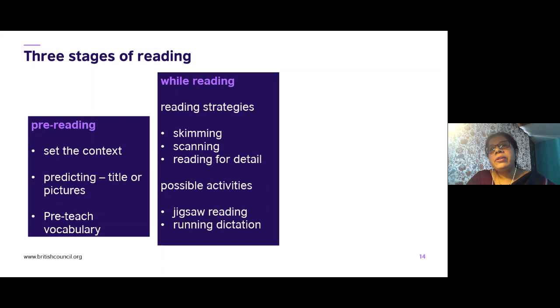You can also do a running dictation. I think I saw somebody mention that in the chat. Running dictation is, for example, when you have a gap fill activity, what we also call a fill in the gap activity. Student A is the reader who looks at this gap fill.